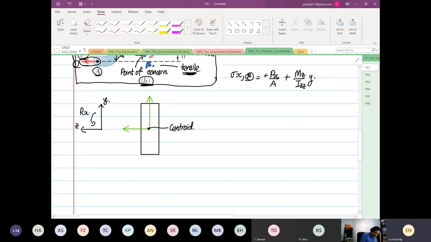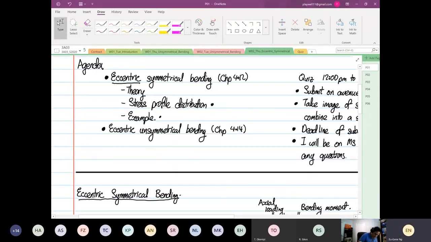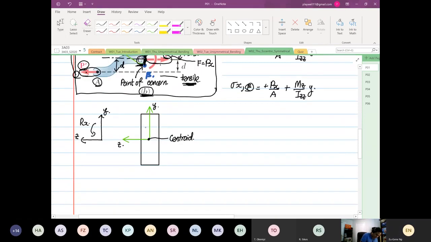Again this is our y, and this is our z. Our centroid will have a certain distance from here to here, so this is our z prime. And over here, this is our centroid from here, and this is our y prime.